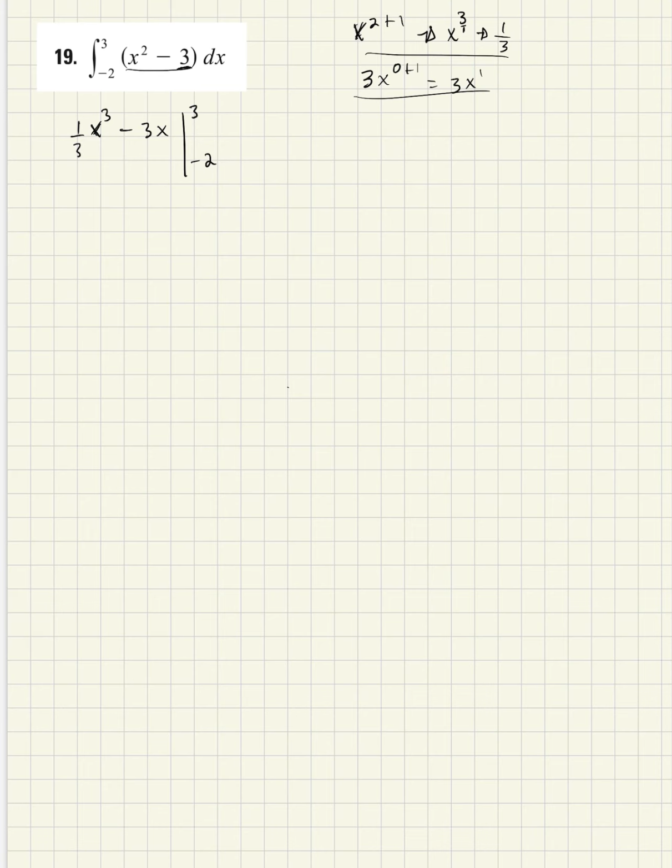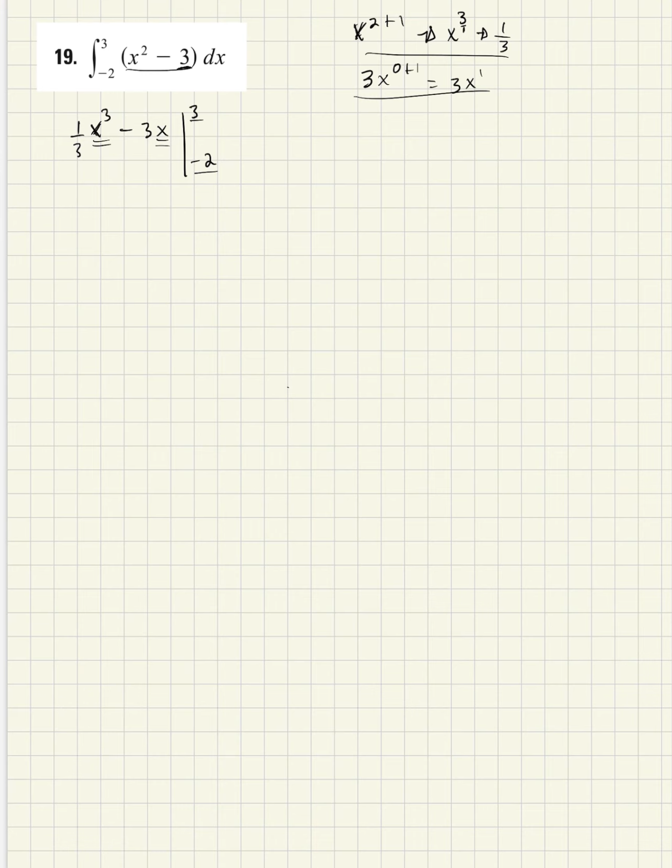Okay? This will always come over here, because those are the values that we're going to use in order to evaluate this integral. So then all we have to do now is just algebra. We just have to plug in this in here and in here, and then we do the same thing with plugging in this -2 in here and in here.